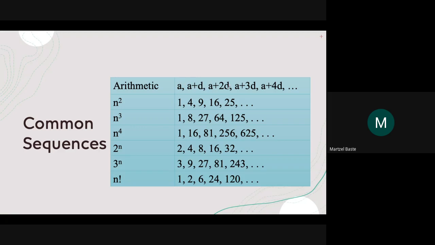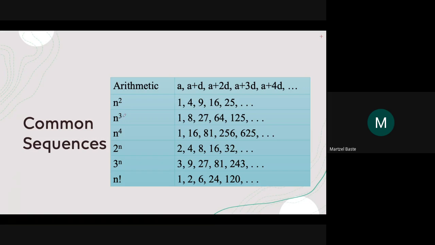So A plus D, then A plus 2D, then A plus 3D, and so on and so forth. That is arithmetic. This one is n raised to the power of 2. So obviously 1 raised to the power of 2 is 1, 2 raised to the power of 2 is 4, so on and so forth.